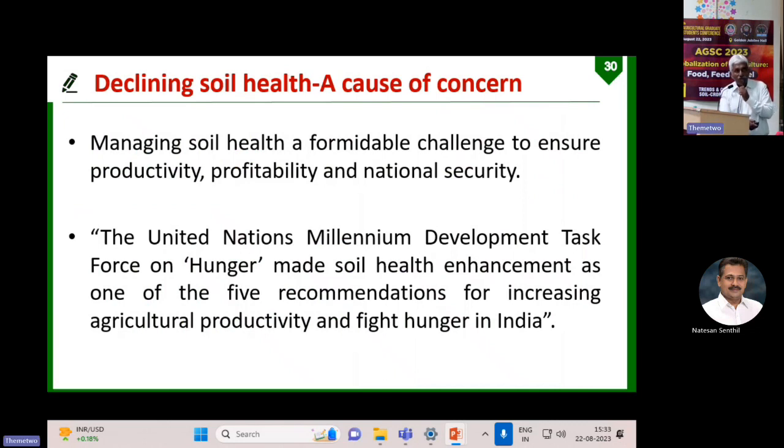Because of the valid reasons we have just listed, soil health is being threatened. We are very much concerned. It is a concern among the entire scientific community how to manage soil health to ensure productivity, profitability and national security.